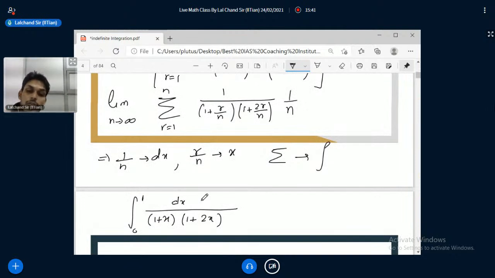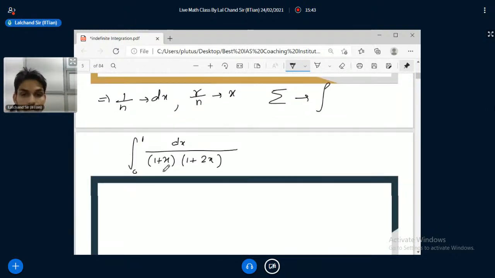Okay, so now can you calculate this integral value by using partial fraction?